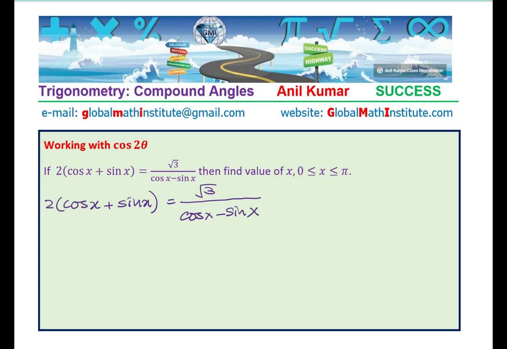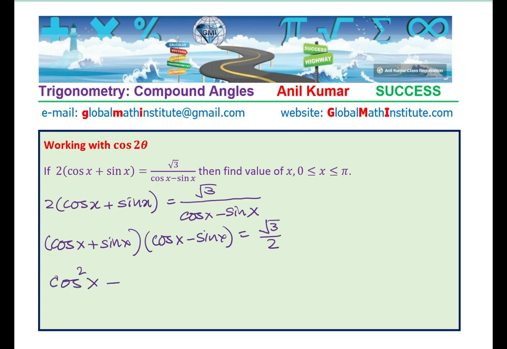Clearly, if I cross multiply, what do I get? We get cos x plus sin x times cos x minus sin x, and we get square root 3 over 2 on this side. And this is cos square x minus sin square x, which is square root 3 over 2. You see that? And that is cos 2x.